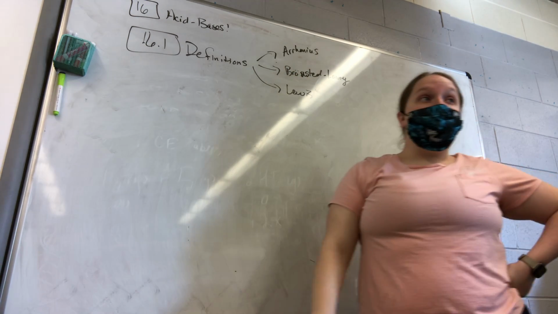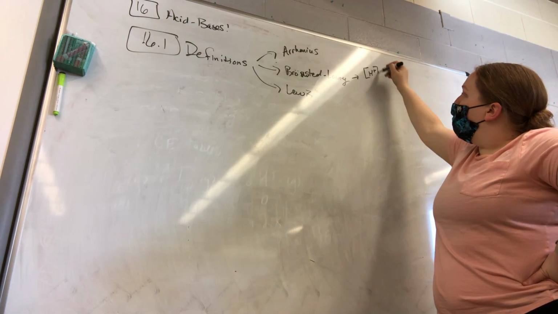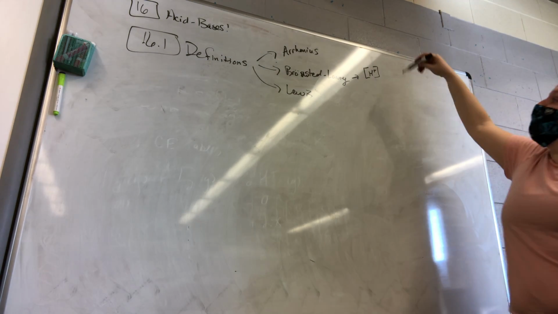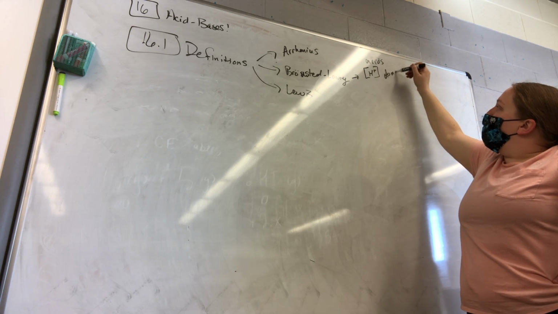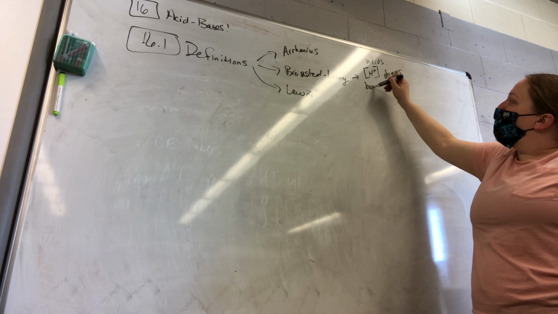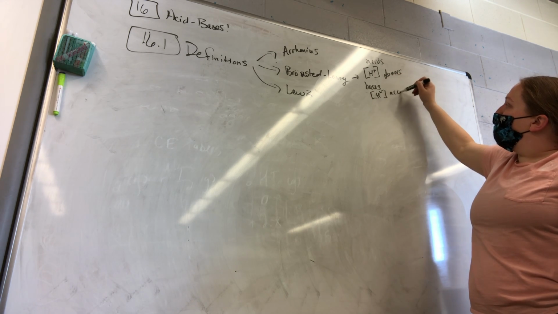Please make sure you know those definitions. But the most important, in my opinion, is that of the Bronsted-Lowry. It says acids are proton donors, and bases are proton acceptors.